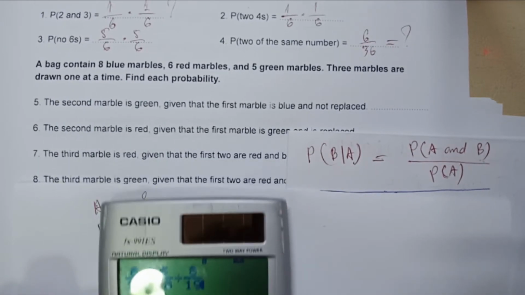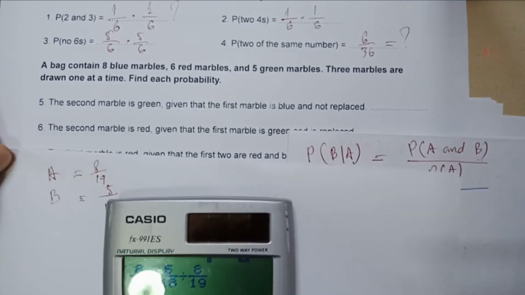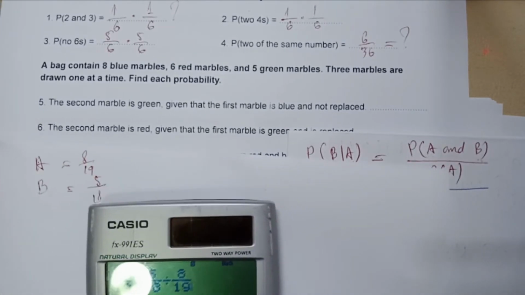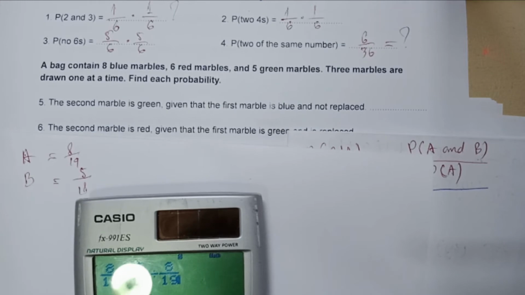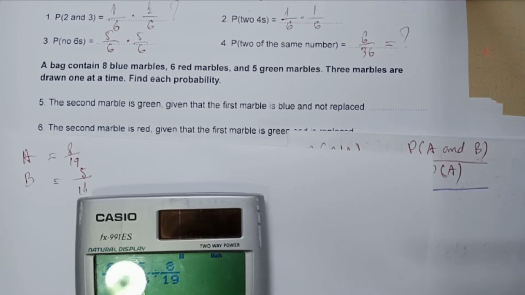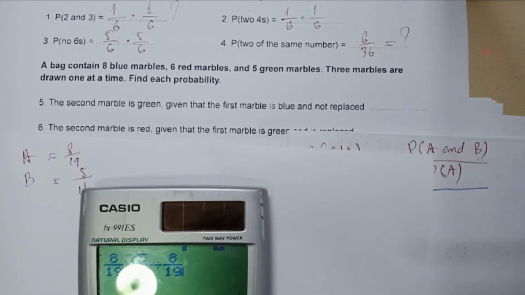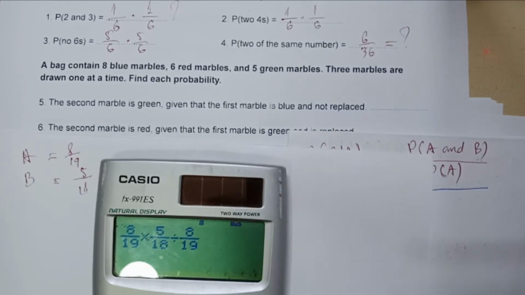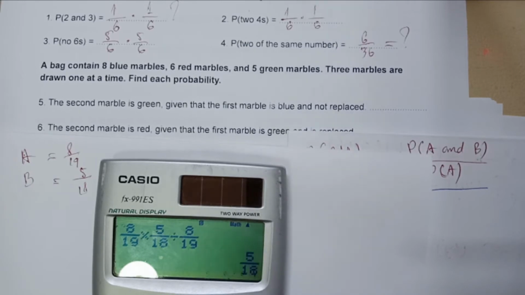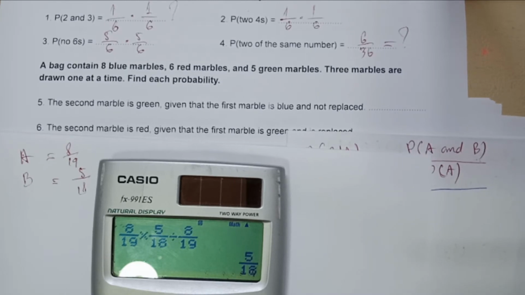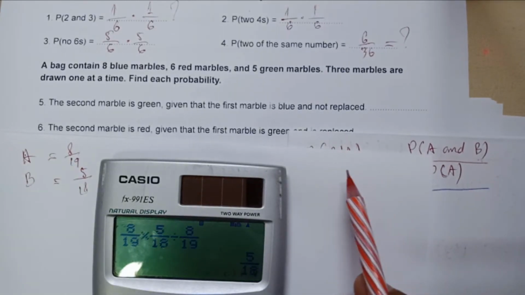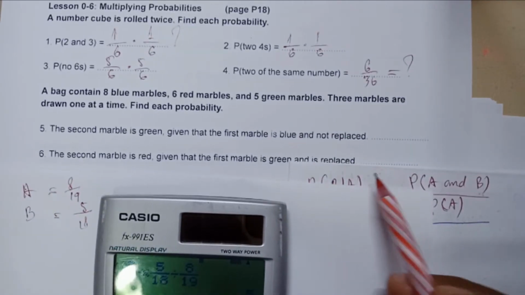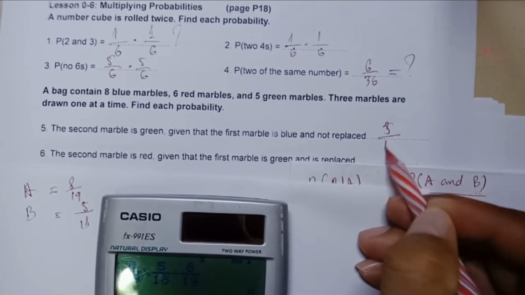So here it is. Alright, and you press equal, you have 5 over 18. That's our answer to the first part of this probability, which means in number 5, 5 over 18.